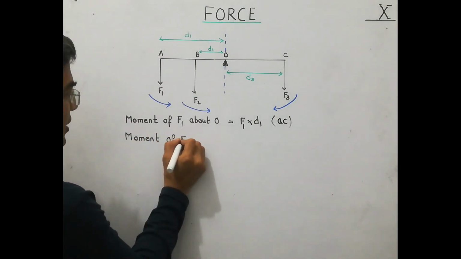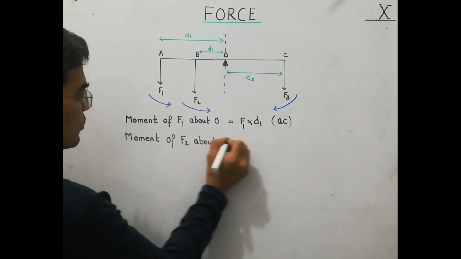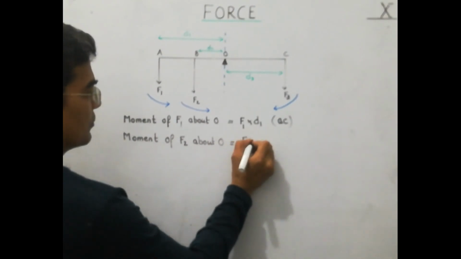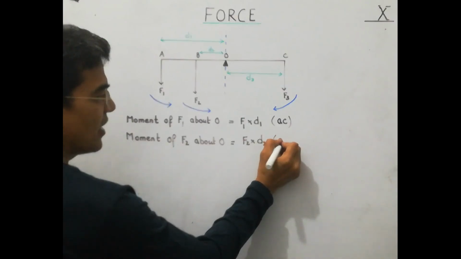Moment of F2 about O, this is the axis of rotation, F2 into D2 and again its direction is anti-clockwise.